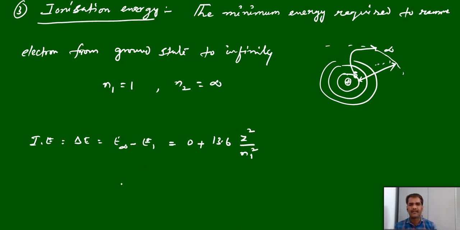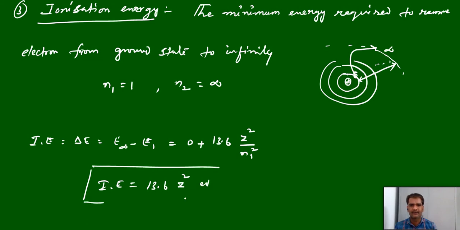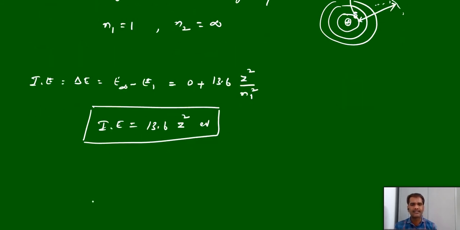We know the formula for energy difference. From this, ionization energy is equal to, here always n1 equal to 1 in ground state. So 13.6 Z square. This is in terms of electron volts. This is the ionization energy of hydrogen-like species, which are having single electronic systems.